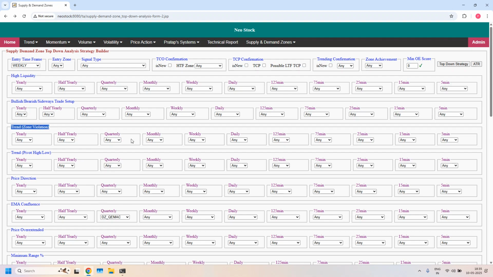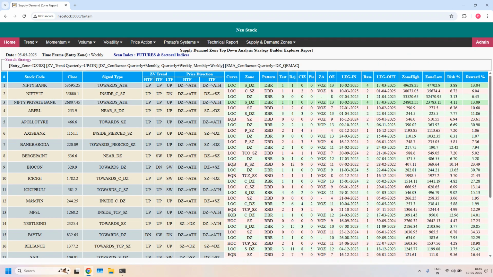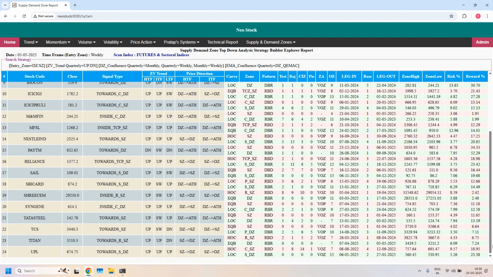At the same time, trend on the quarterly should not be sideways, can be up or down. Now the list is reduced. First 16 stocks on the list. Bank Nifty is filtered, but Nifty is not filtered. Scrolling the list down, so total 24 stocks are filtered.